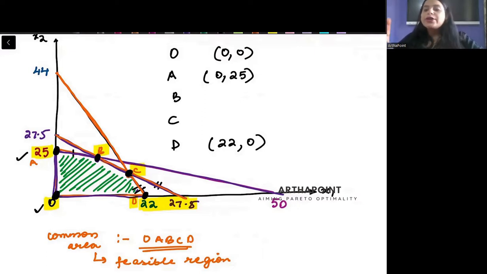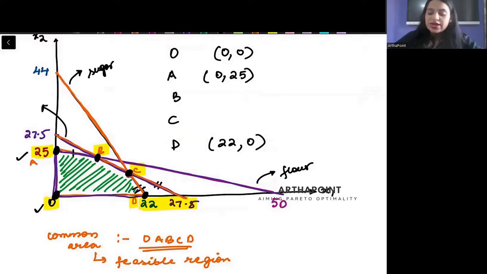Now look at point B. This is my first constraint that we had plotted. This constraint was the flour constraint, right? This is my second constraint that I had plotted, and this constraint was the sugar constraint. And this is the third constraint that we plotted, and this constraint was the butter constraint.